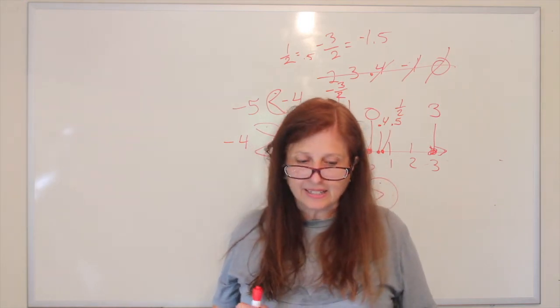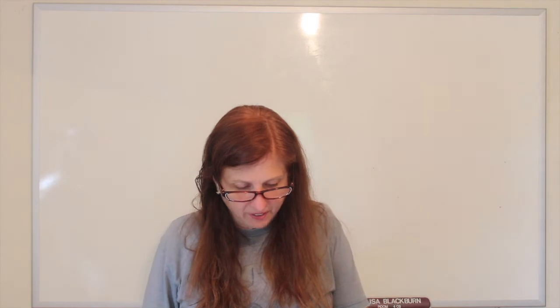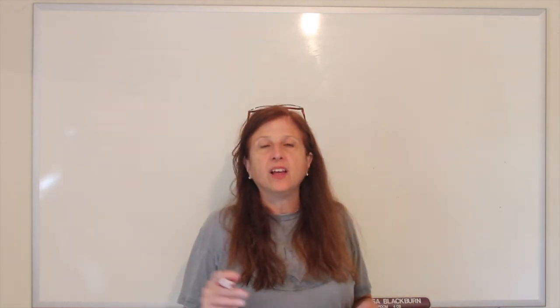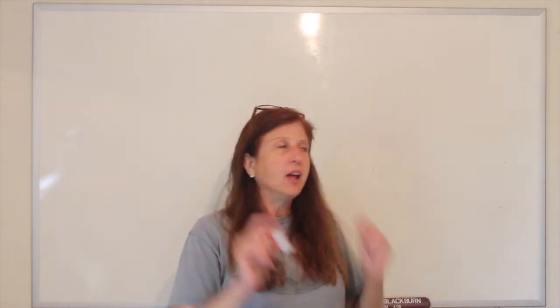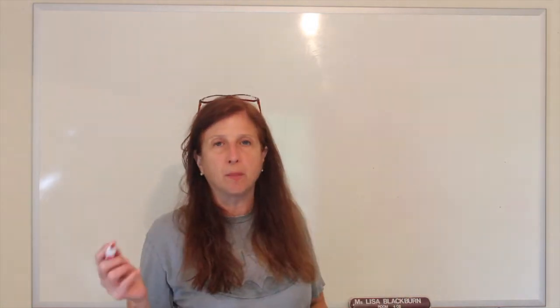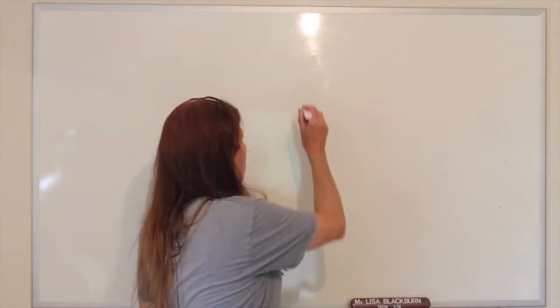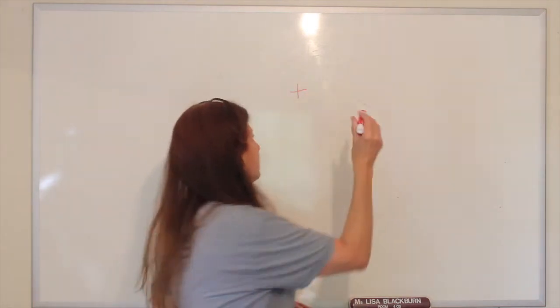Okay. The next idea, and we're going to start talking now about page 65, the opposite. It's very important in math that you know what the opposite of something is. And I bet you already know this. If I ask you what is the opposite of adding, you would say, that's right, subtracting.